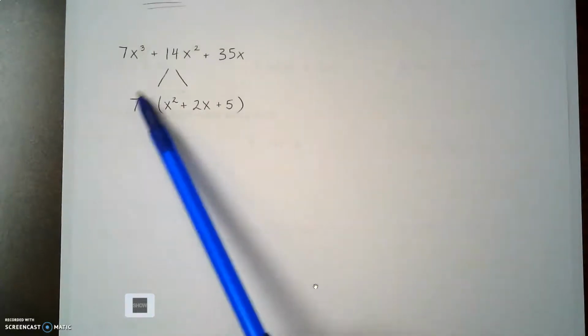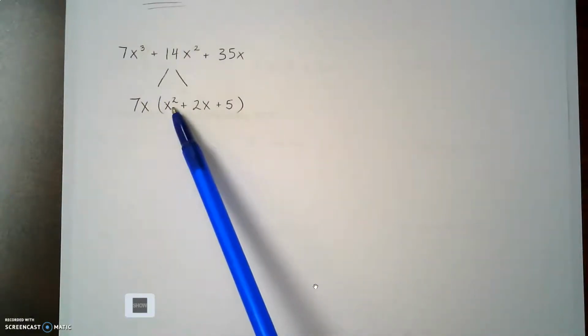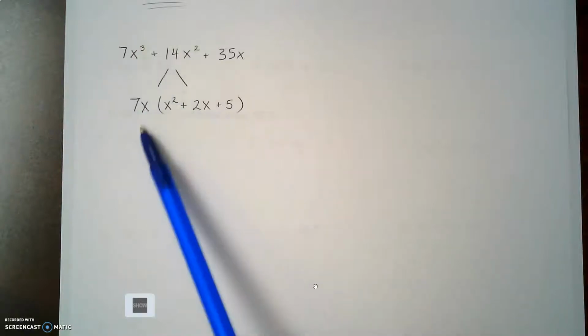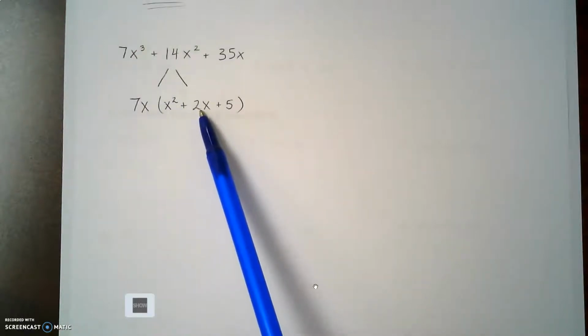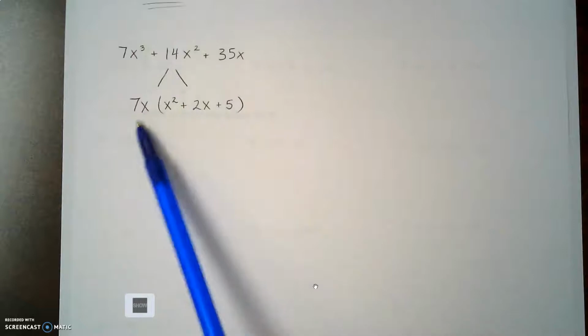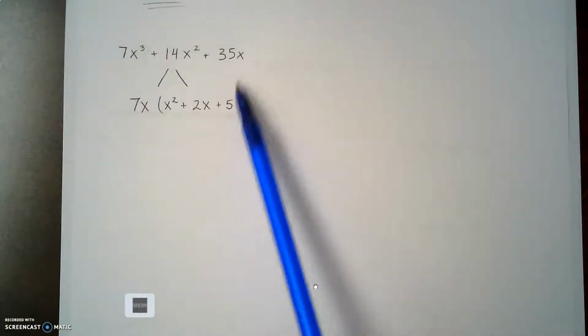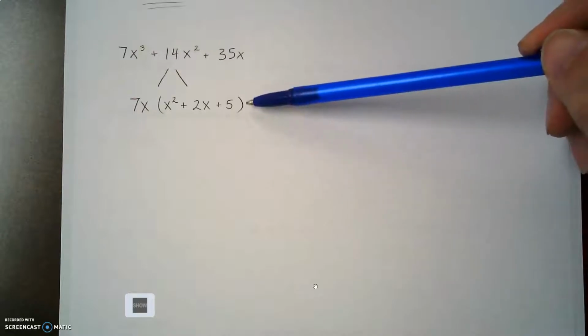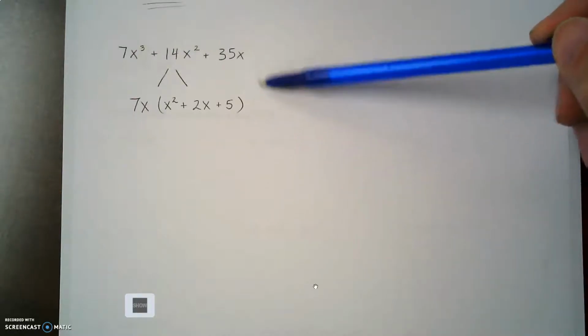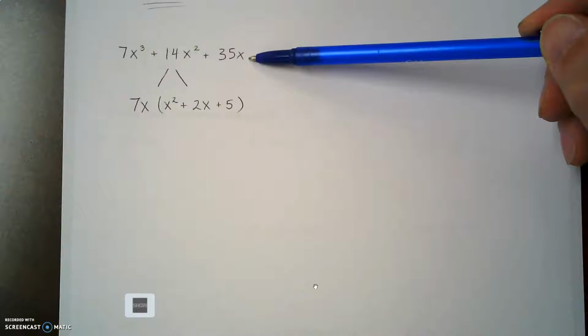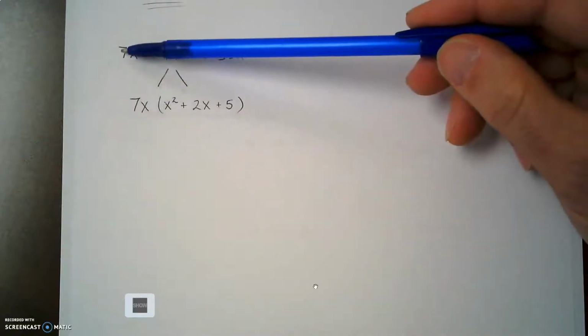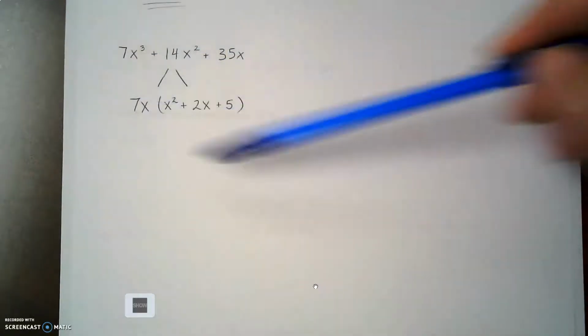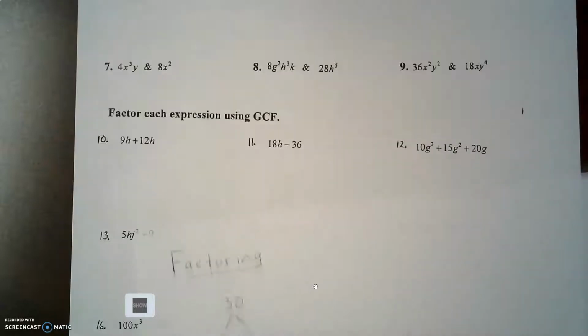Remember you distributed: 7x times x squared is 7x to the third, 7x times 2x is 14x squared, 7x times 5 is 35x. So we've already done multiplication where we went from here to here. Well, now we're going to go backwards and factor, and go from here to here. It's like a circle.